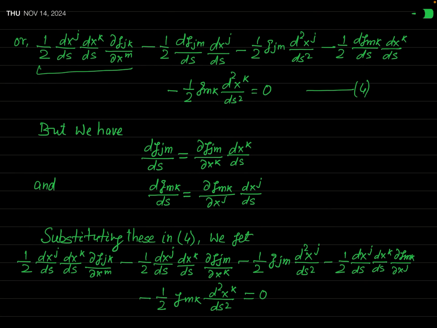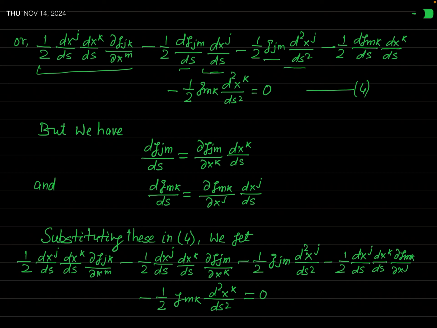So you can see this is 1/2 times dg_jm/ds times dx^j/ds. This is as it is. Now g_jm is as it is, and the operator d/ds operated on dx^j/ds will be d²x^j/ds².